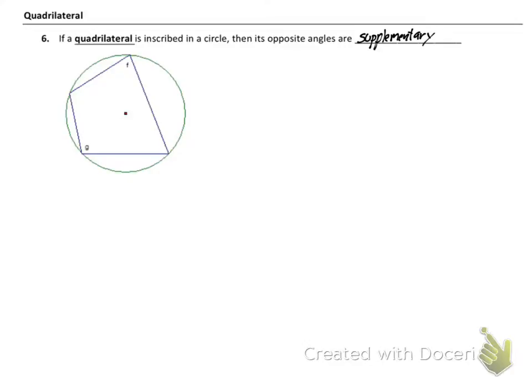So we have supplementary angles, but that's only if they're inscribed. So if, say, F is 70 degrees, we'd look at that opposite angle and say they need to be supplementary, so that's going to make G 110 degrees.